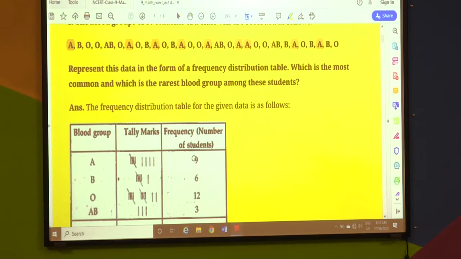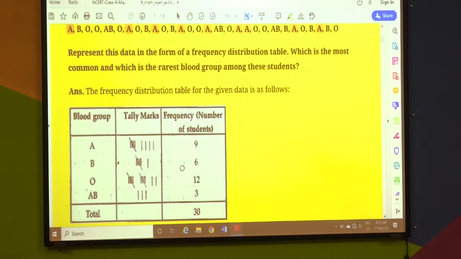Similarly, after counting for B, the frequency is 6. Please see the tally marks also. 5 a group and 1 more, it is 6, and the same is written here.